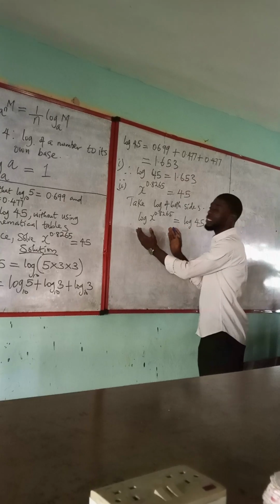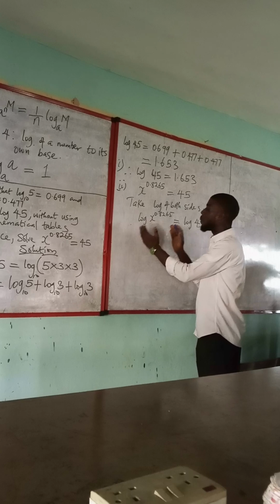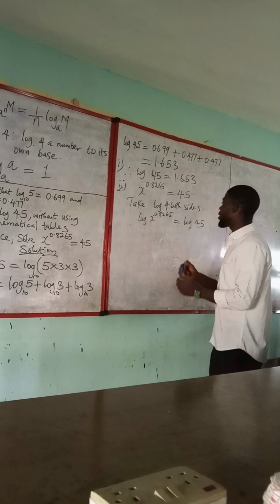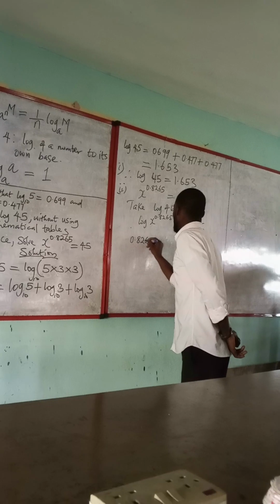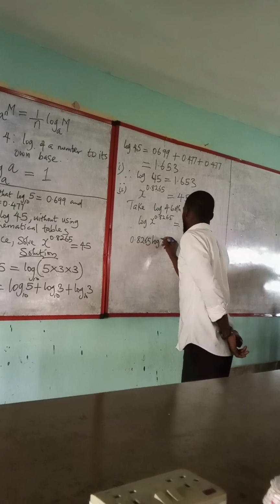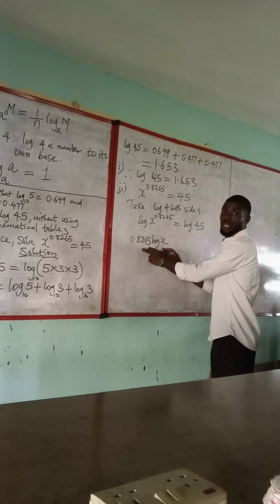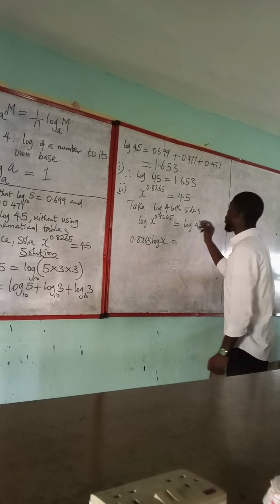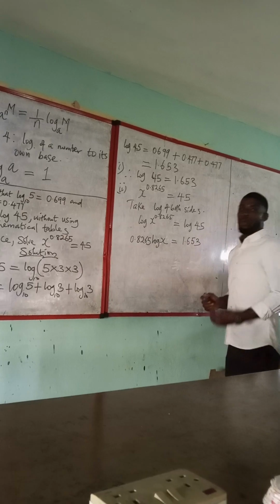So on my left hand side, I can apply one of the laws of logarithm, the power law, and write this as 0.8265 log x. This is what the power law states. And this will be equal to log 45, which is 1.653.